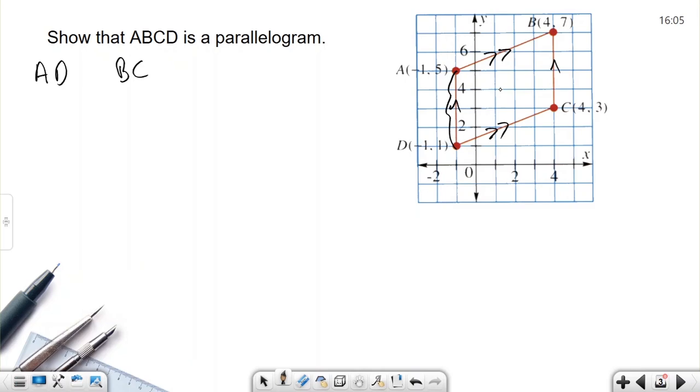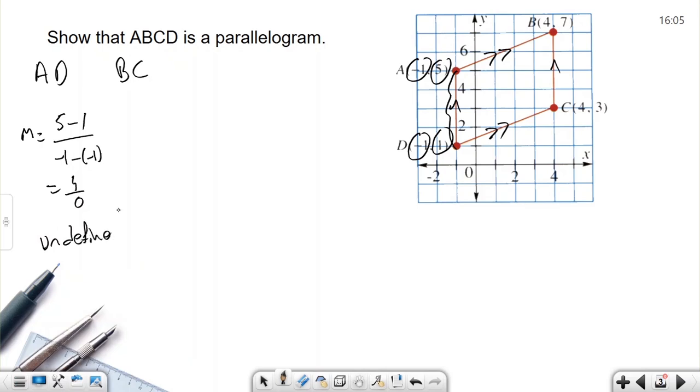Let's check AD first. Slope equals y1 minus y2, so 5 minus 1 over x1 minus x2, minus 1 minus minus 1. That equals 4 over 0, so an undefined slope. If I find the slope of BC is undefined too, I can say these two are parallel.